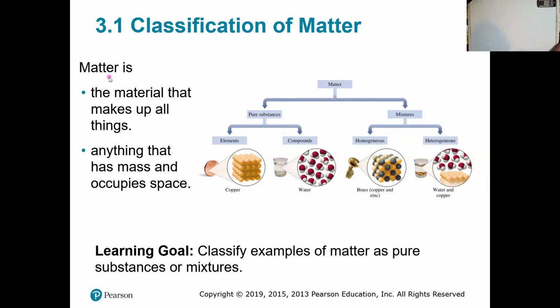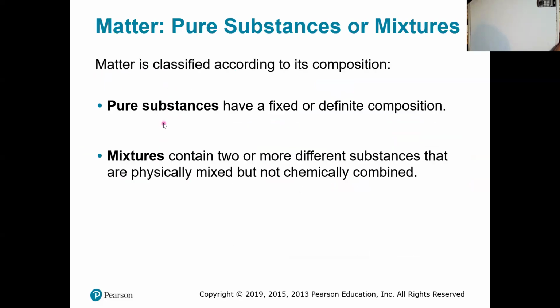So first of all, we're classifying matter. And as a reminder, matter is anything that has mass and occupies space. Okay. So just about everything that we interact with contains matter. And when we're going through this classification, we're going to classify the matter into different categories, right?